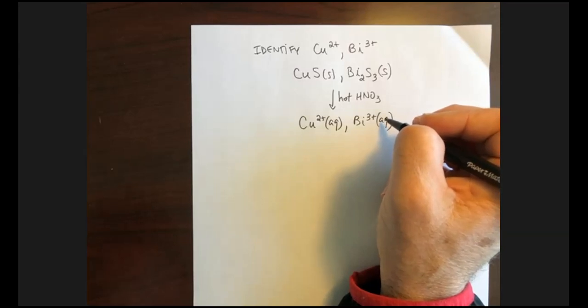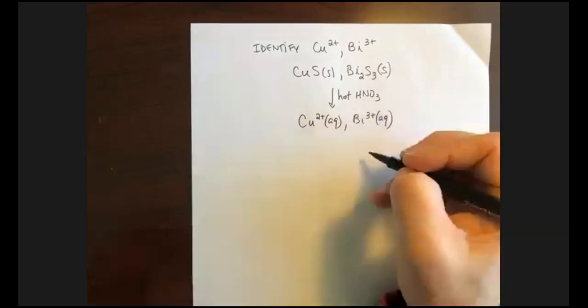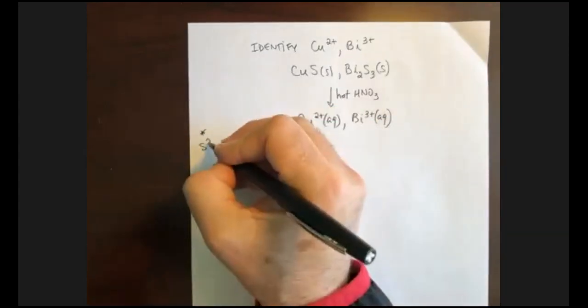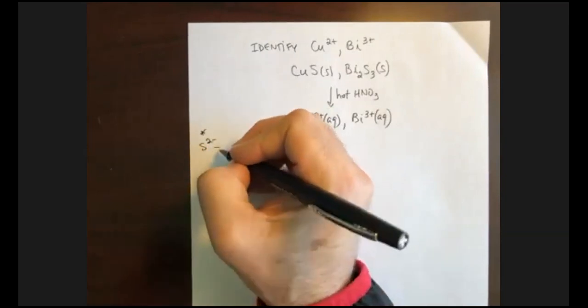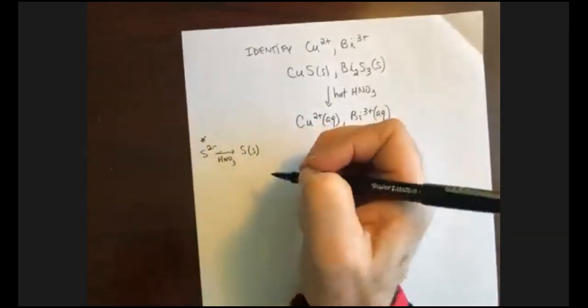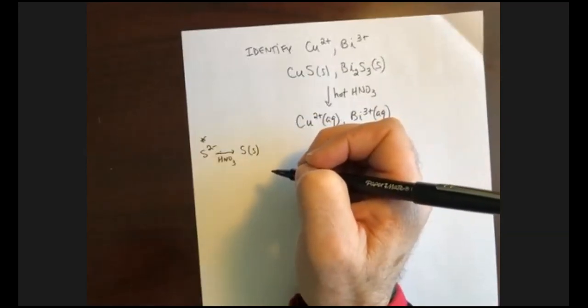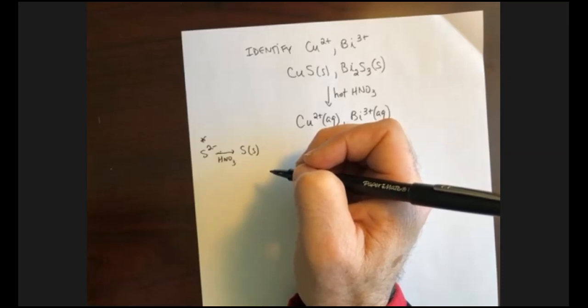So this is like a little side reaction here. In the presence of our hot nitric acid, our sulfide is going to be converted into elemental sulfur, which will be solid and sometimes looks like a light yellow precipitate. But what this did was solubilize these guys.